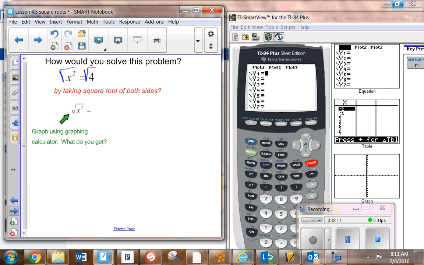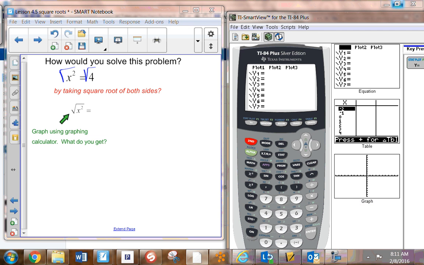What is it? So I'm going to put in the square root. Where's the square root? Oh, I know, this is what I want.